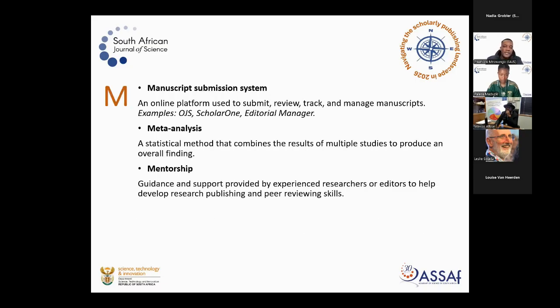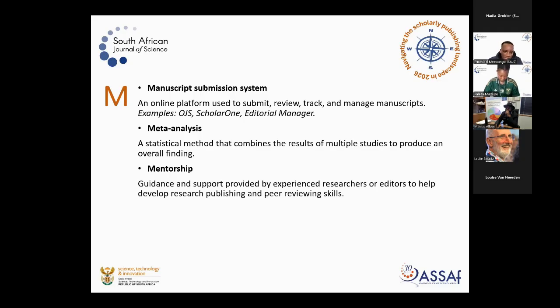A manuscript submission system is an online platform used to submit, review, track, and manage manuscripts. For example, OJS, ScholarOne, or Editorial Manager. Meta-analysis is a statistical method that combines the results of multiple studies to produce an overall finding.